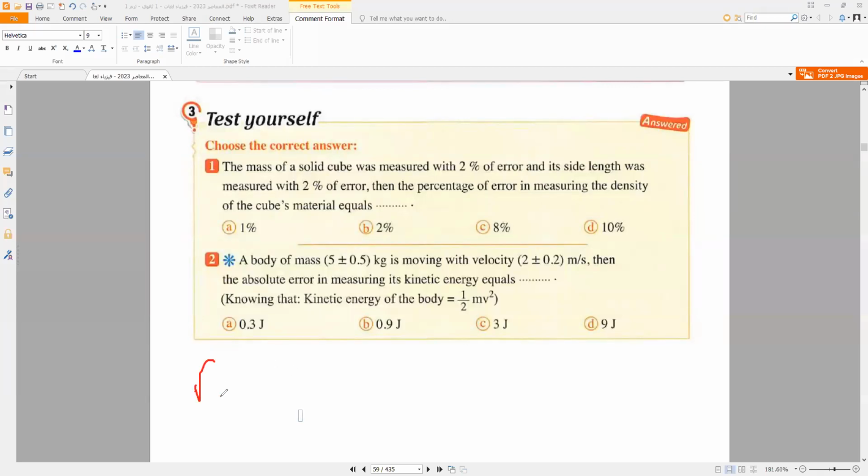Firstly, you will get the relative error of kinetic energy. It equals the relative error of mass plus the relative error of V plus the relative error of V again.